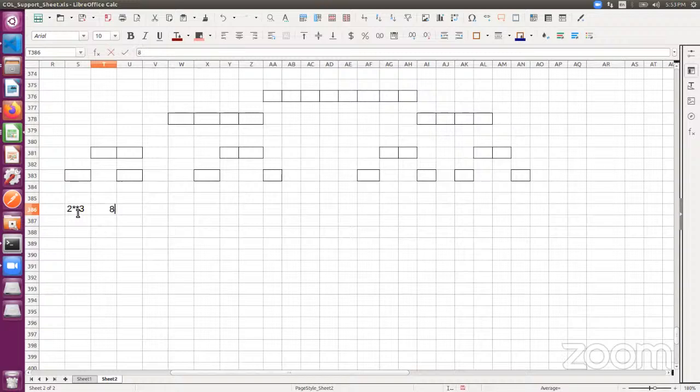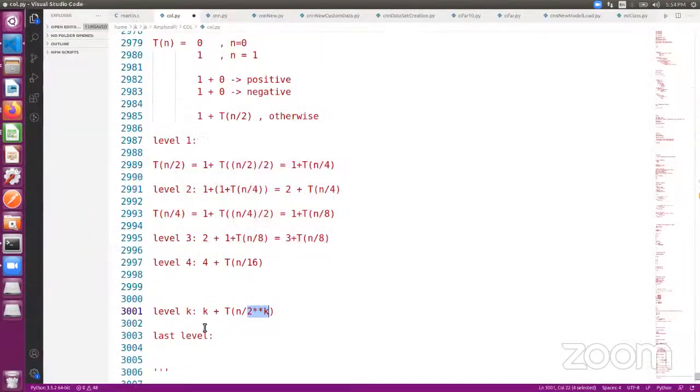It's 8, right? So at the last level, 2 to the power of the last level is nothing but the total number of elements, right? These elements are only getting split into individual elements. So at the last level, 2 power 3, that is 2 power k, would be equal to n, if k is equal to the last level.